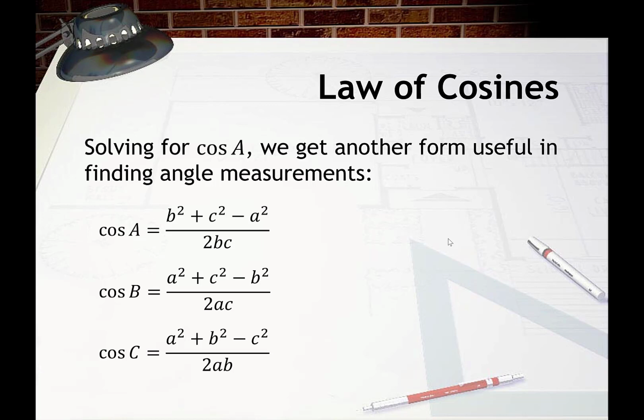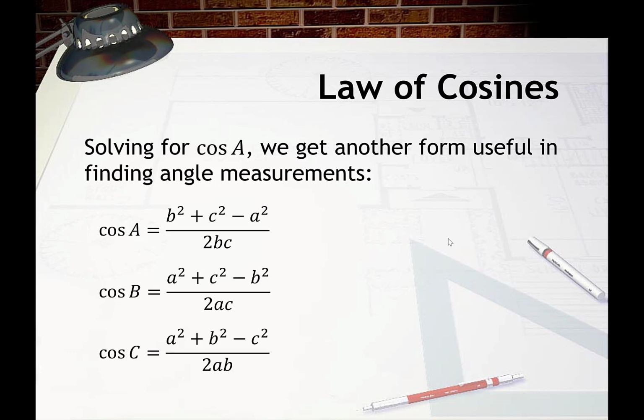Now one thing I will point out, remember how with sine we had the ambiguous case where we didn't know if it's supposed to be an acute angle or an obtuse angle, because sine of 100 is the same as sine of 80. That's not the case for cosine. Cosine, the inverse cosine or arc cosine, will give us back obtuse angles.